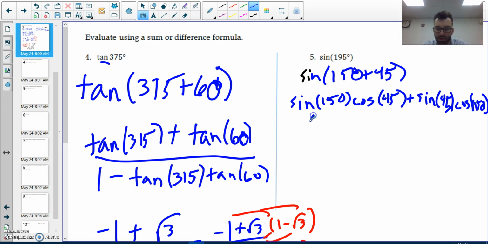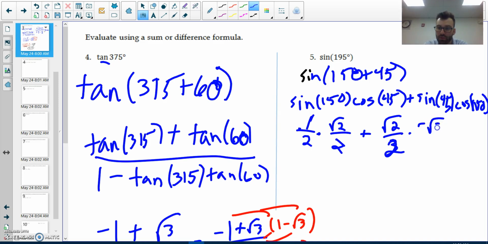Sine of 150 is 1/2. Cosine of 45 is root 2 over 2. Plus sine of 45, which is root 2 over 2, times cosine of 150, which is negative root 3 over 2.